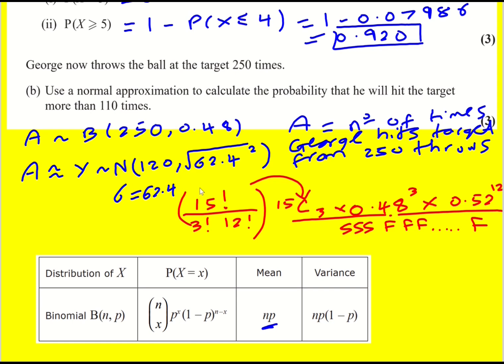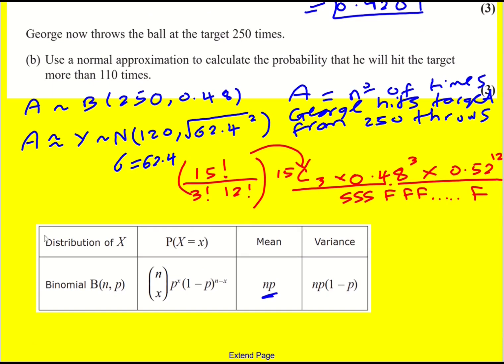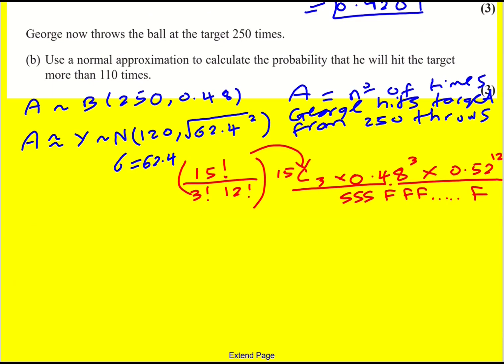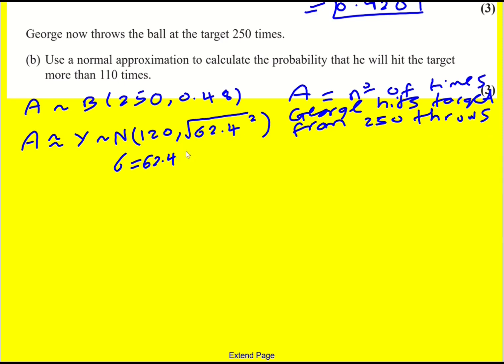Okay, so we want the probability that A is greater than 110, no, more than, so it can't equal it. That's going to be approximately equal to the probability that Y is greater.